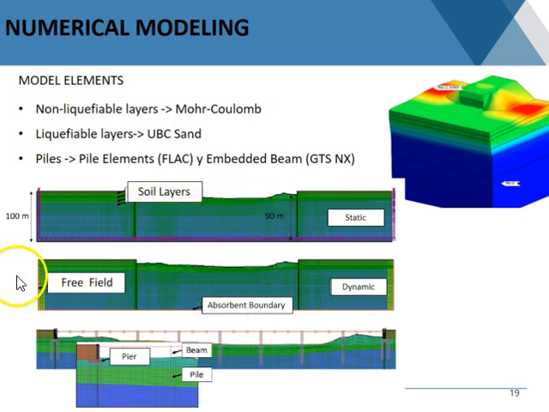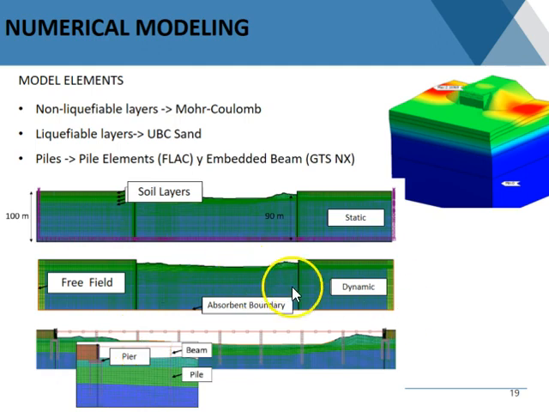In terms of boundaries, free-field boundaries were used at the vertical borders, and an absorbent boundary was used at the bottom. This is talking about FLAC, and we also used beam and pile elements for these vertical ones, and then we modeled the structure of the abutment, the wall, and the foundation using the finite zones that FLAC has.